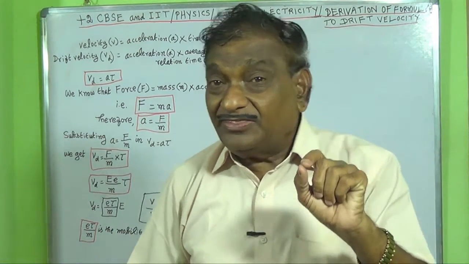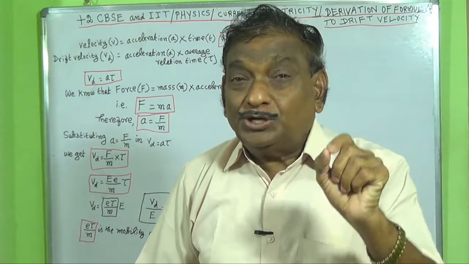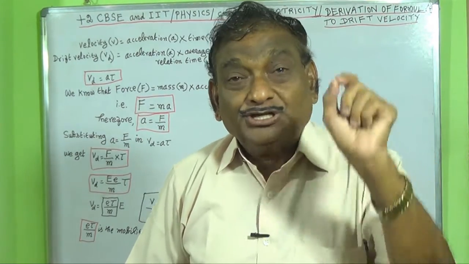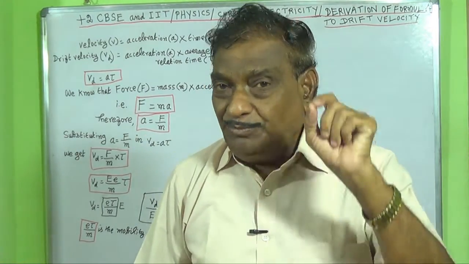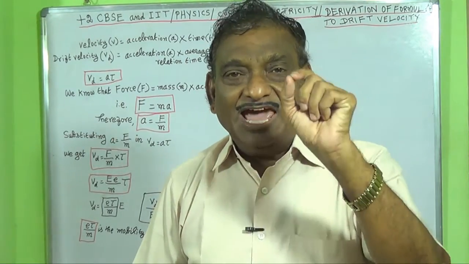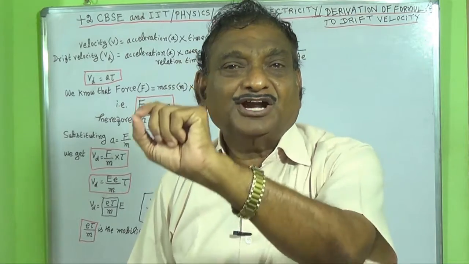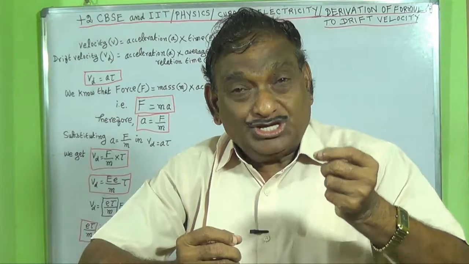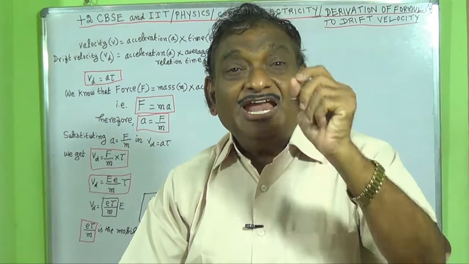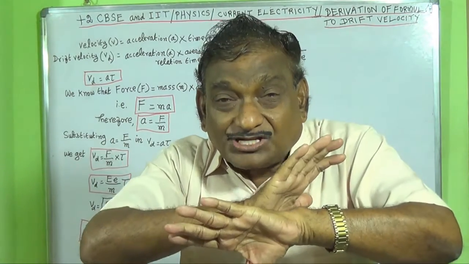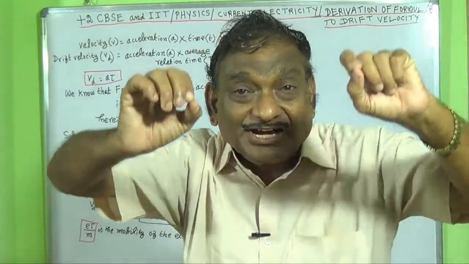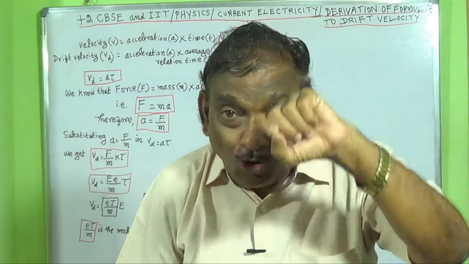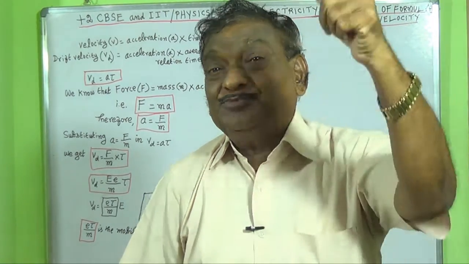Here the time is denoted by not t but tau. Tau means the average relaxation time of the electrons. When the electrons are colliding, the collisions do not occur at regular times. The collisions also occur at random times.